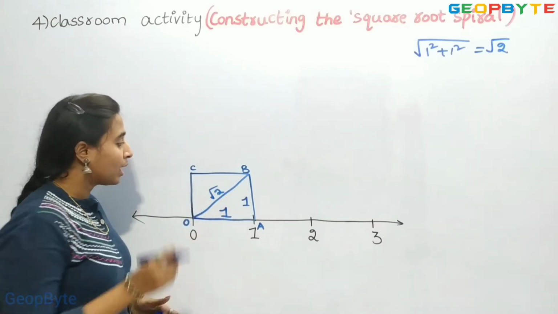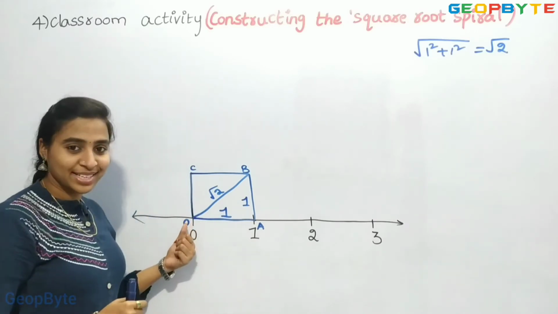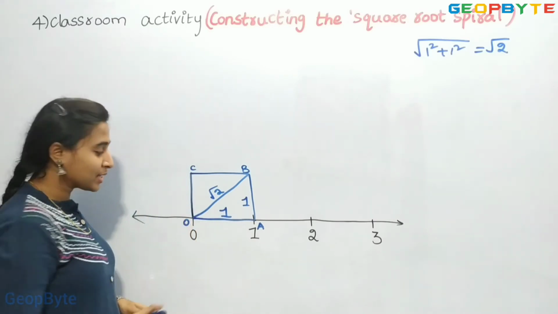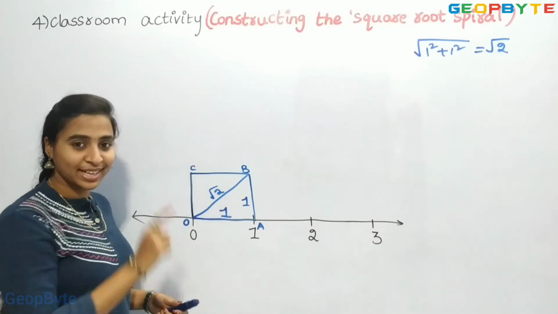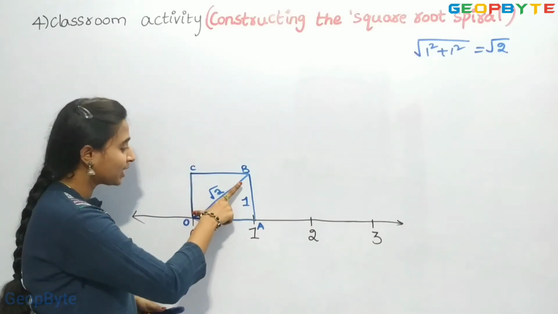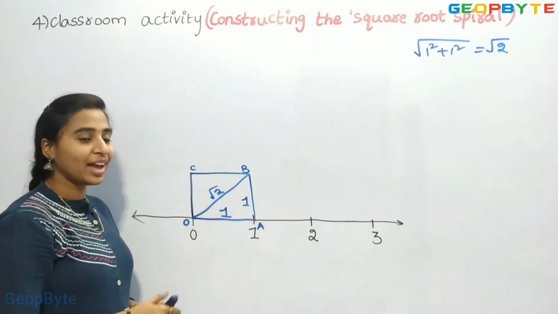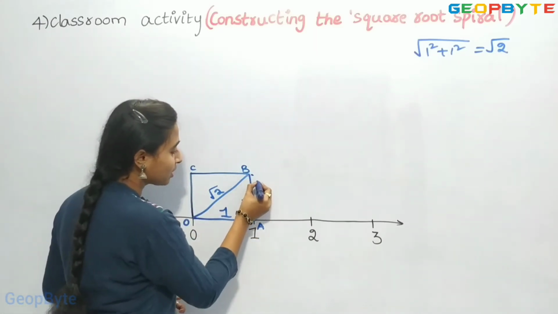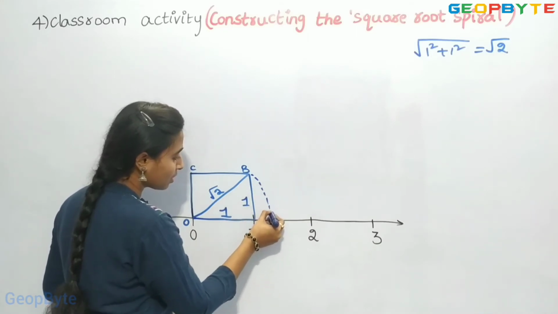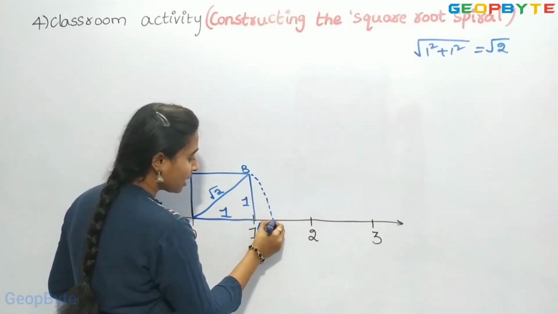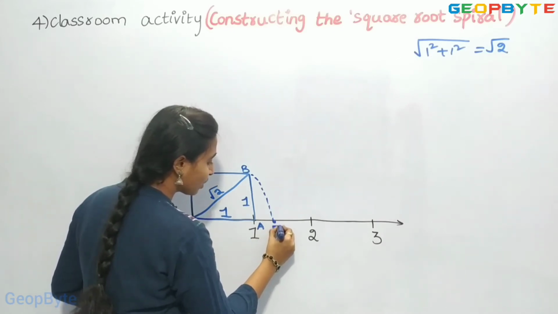So, now let us keep O as the center. Take a compass and put O as the center and OB as the radius. Draw an arc that comes here, that is root 2.